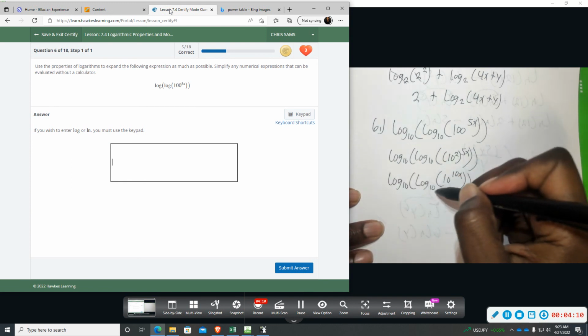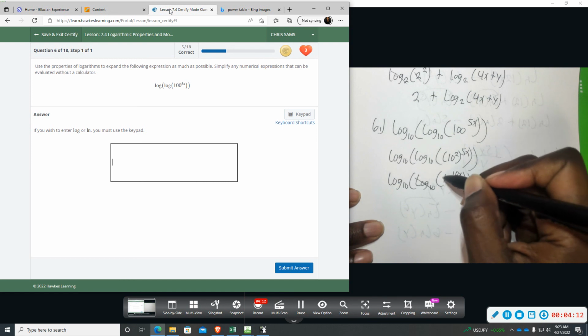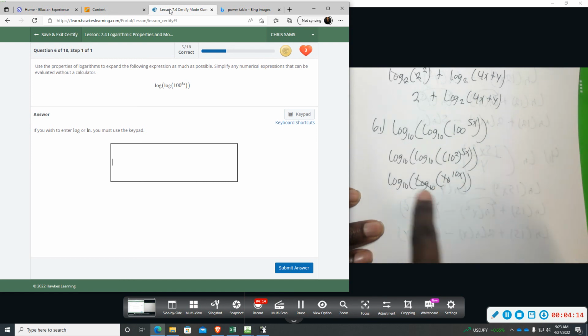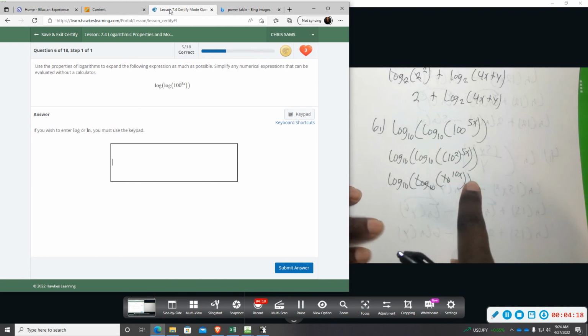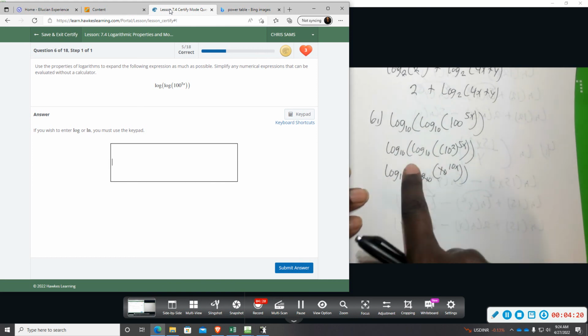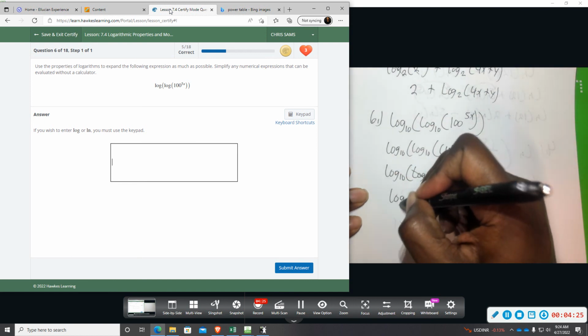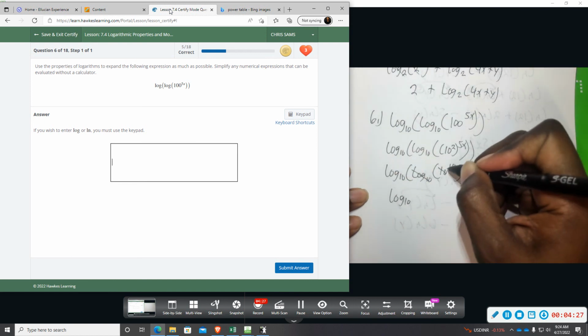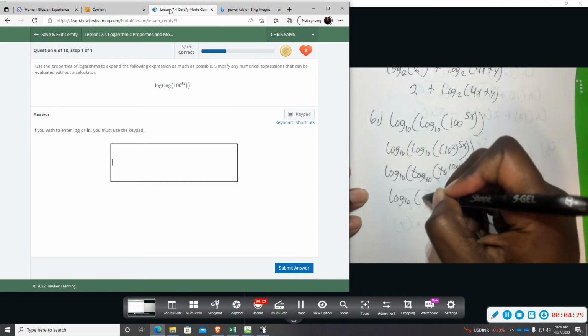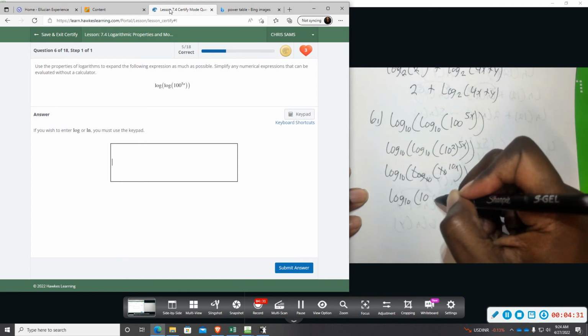So with the inside log, this 10 evaluated at 10 will cancel, and that will leave me with 10x. And so this inside one cancels. I still have this log base 10 on the outside, and then I have now just the 10x left on the inside.